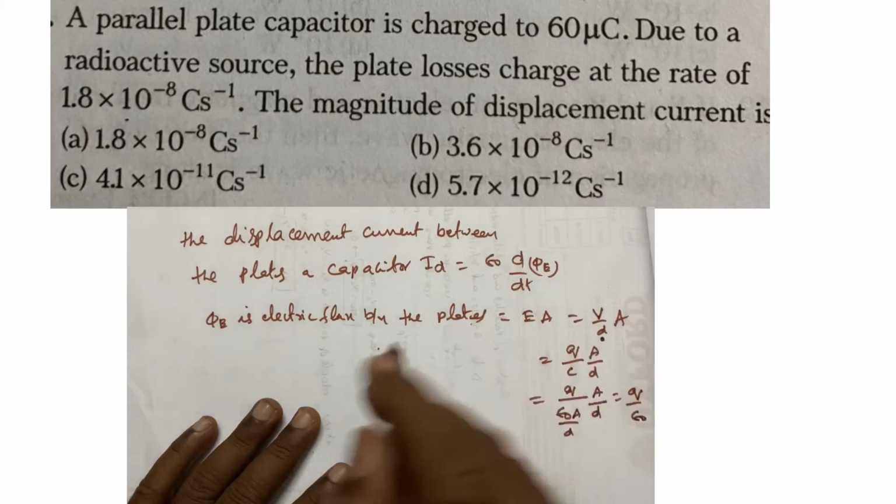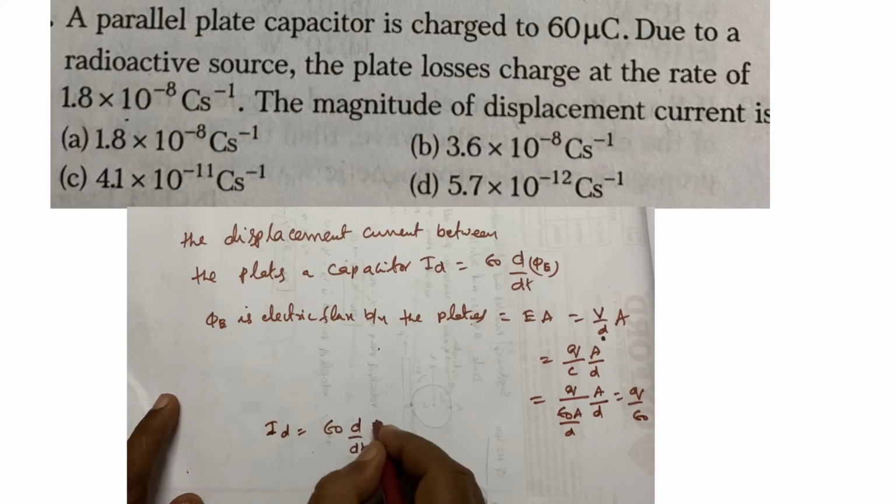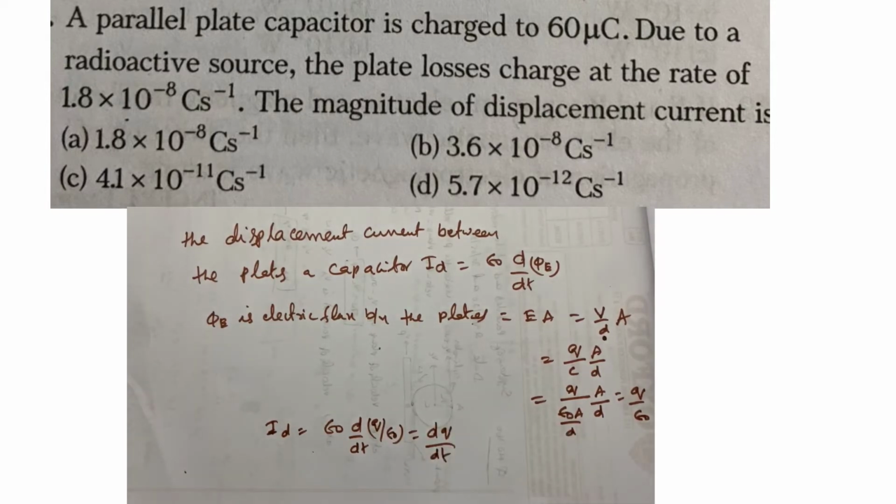Q by epsilon naught. So ID equals epsilon naught d by dt into Q by epsilon naught. It equals dq by dt.